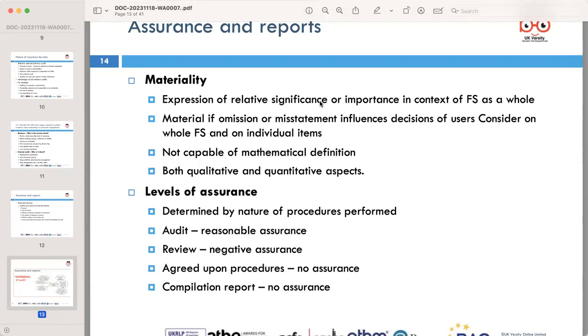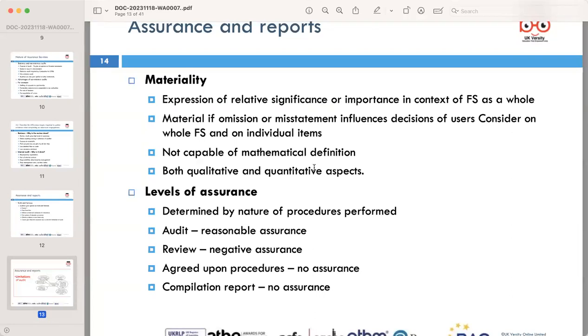Imagine you are looking at the whole picture of the financial statement and you want to know what information is vital. We use the term material when something left out or stated incorrectly could affect the decisions of the people using these statements. It is not something we can precisely measure in numbers.